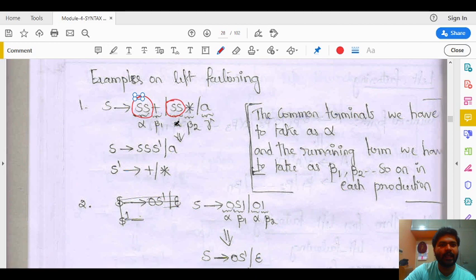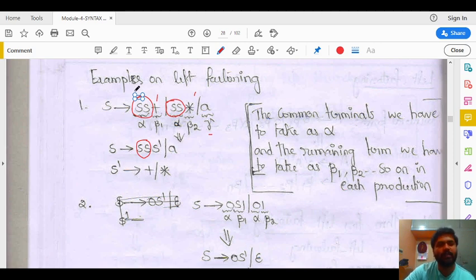So if that is the case, A tends to alpha A dash or gamma, followed by A dash tends to beta 1 or beta 2. So S tends to, what is alpha? Alpha is S, and then S dash followed by A. And what is S dash?